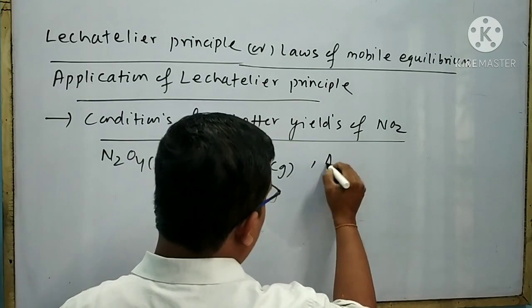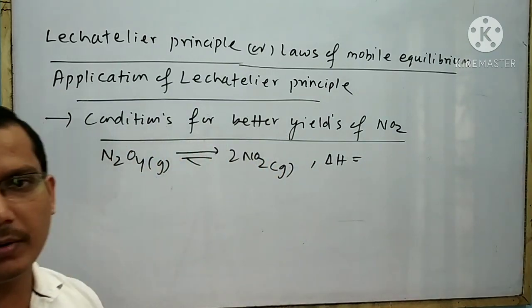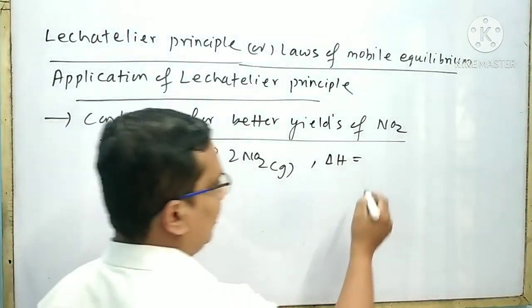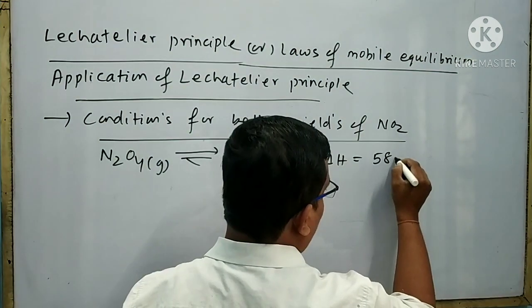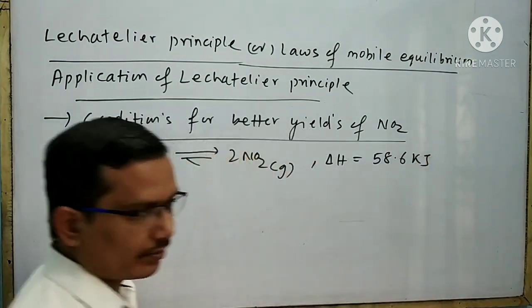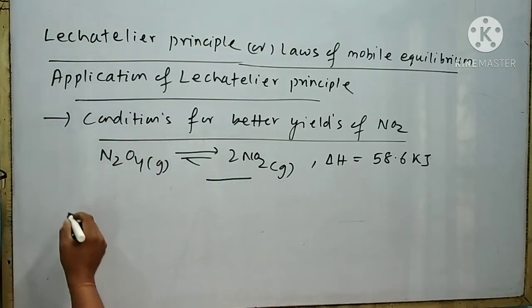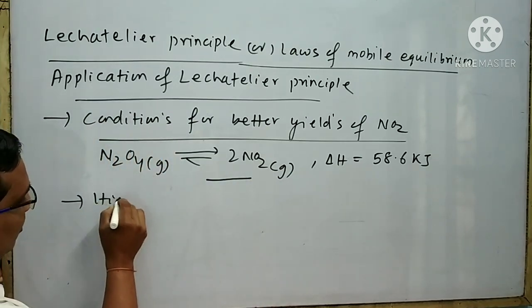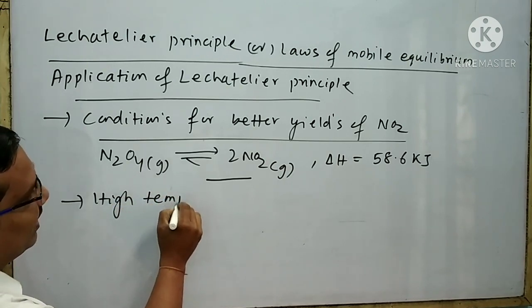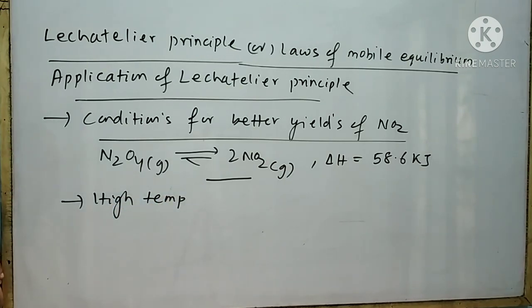This is an endothermic reaction. The amount of heat absorbed is 58.6 kilojoule. Since this is an endothermic reaction, we need high temperature for the better yield of NO2.